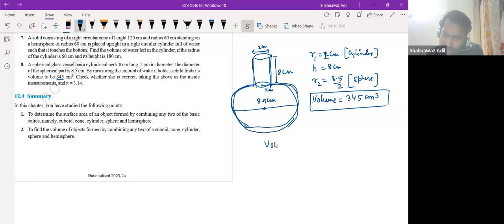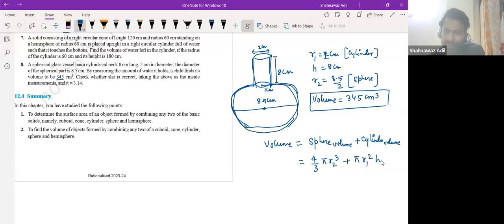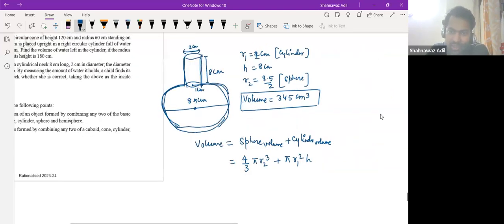So volume would be how much? Volume would be this sphere volume plus this cylinder volume. So this sphere volume is 4 by 3 pi R2 cube, and this cylinder is pi R1 square H. Now you guys calculate and tell me what is the answer that you guys are getting.